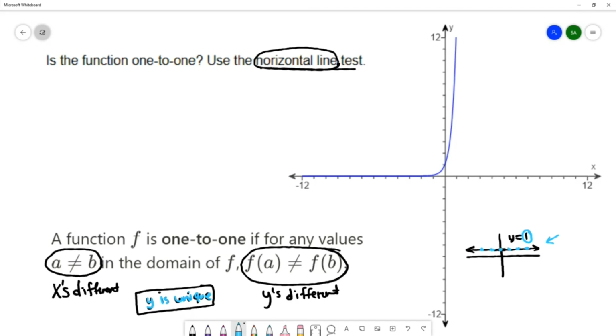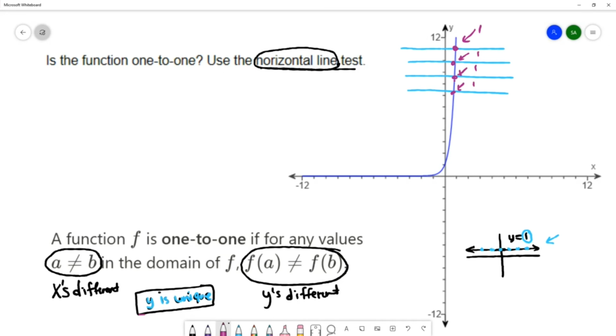So with the horizontal line test, what we do is we draw horizontal lines on the graph, and we're looking for the intersection points. And since there's only one of those intersection points, that means that there's only one of those y values.